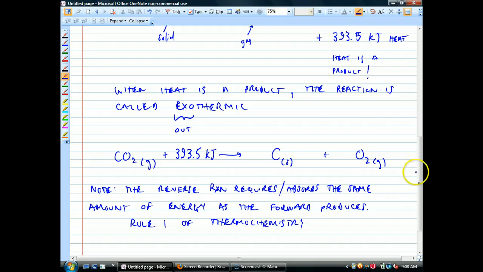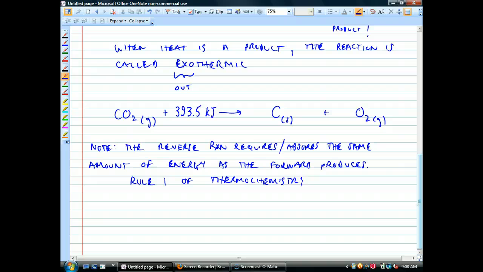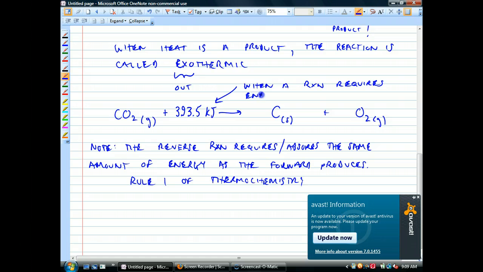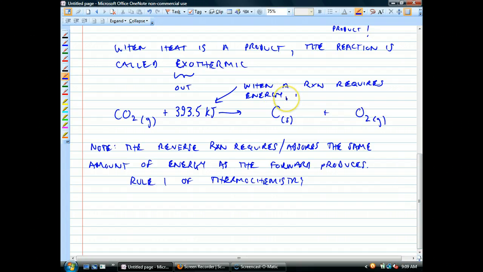It just goes in the other way. Now, this type of reaction is called endothermic. So when a reaction requires heat, or requires energy, it's called endothermic.